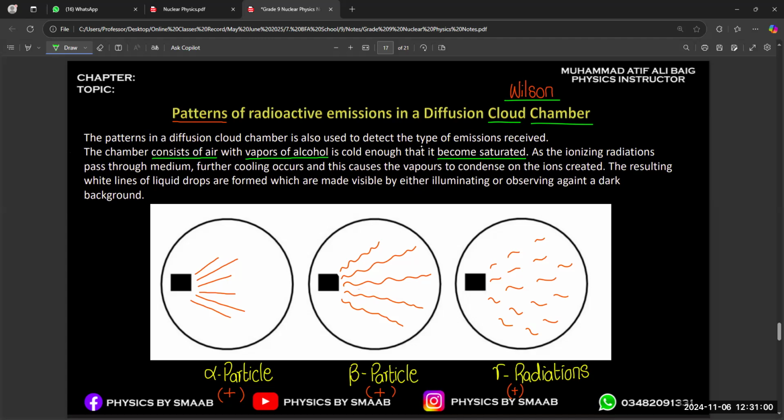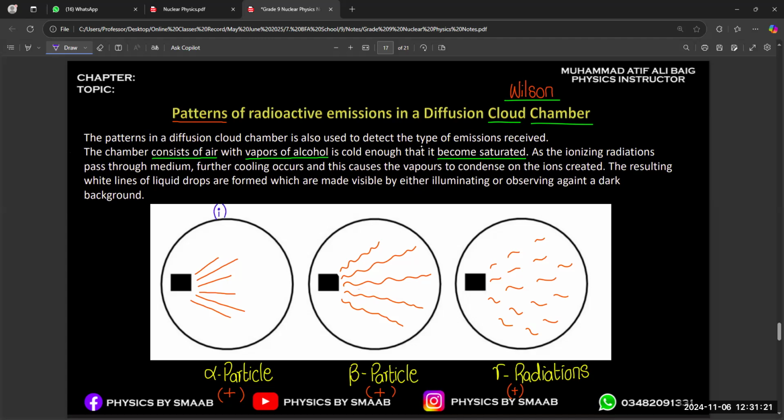So when alpha, beta, gamma radiations pass through it, they leave their traces, and you will get different forms of traces. For example, this is the first one.